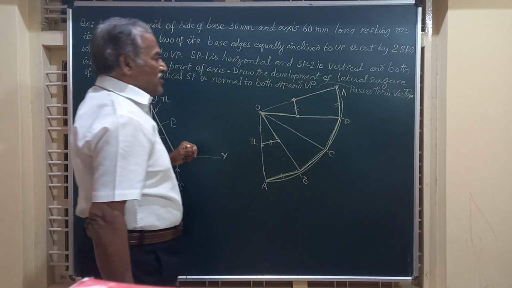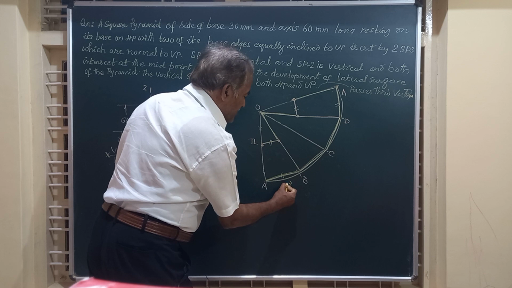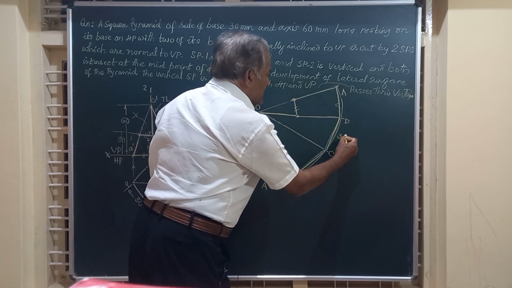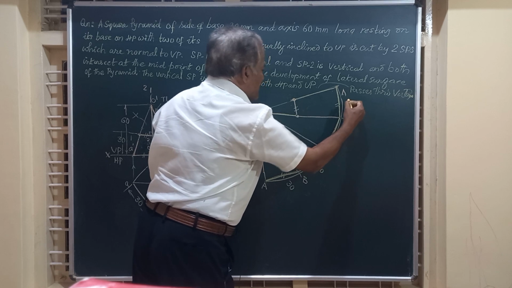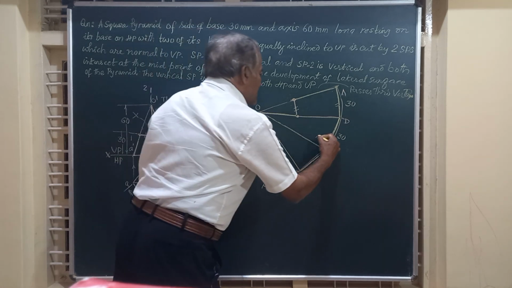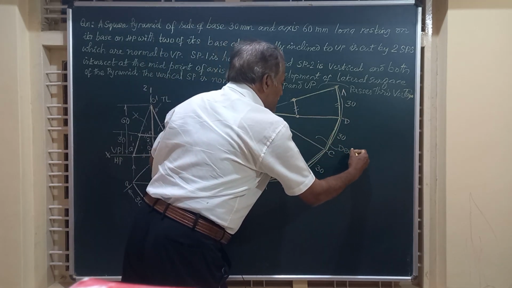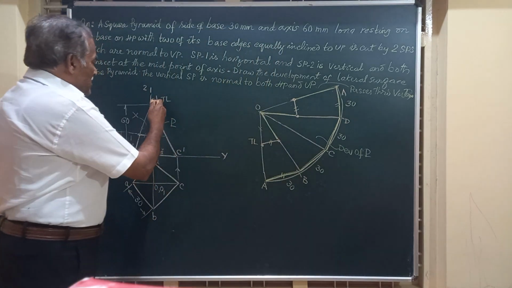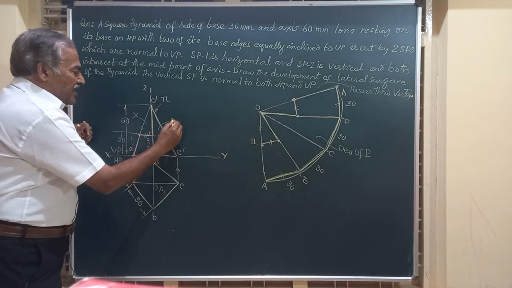They are parallel, and here all these measurements will have 30 millimeter as the base, 30, 30, 30, because the base measurement is 30. And friends, this is how you obtain the development of P, the portion of P I have shown here.